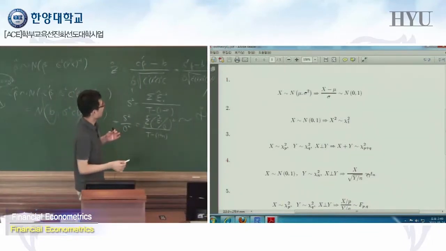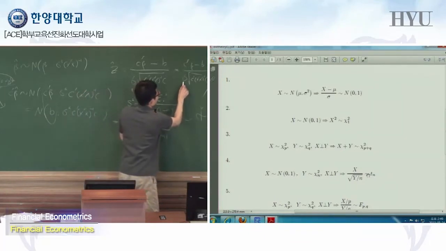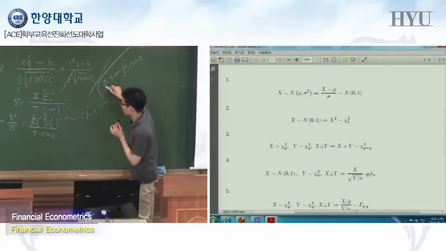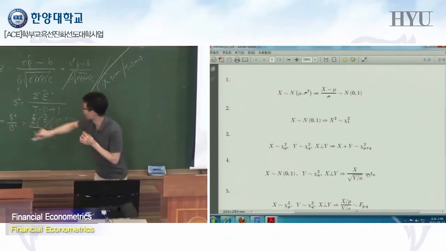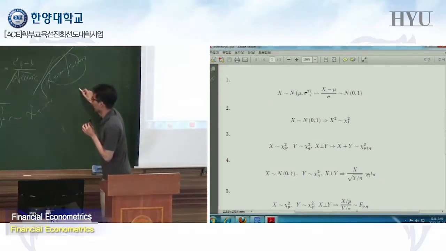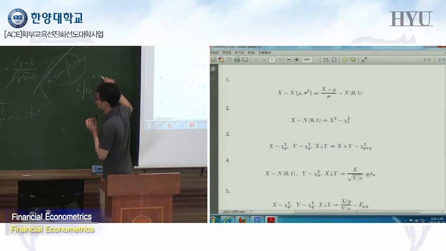Now we have a t distribution, but we still don't know this part. Conveniently, this entire part is actually S squared sigma square multiplied by root t minus 1 plus n. Actually, it is a root, so this one goes away.